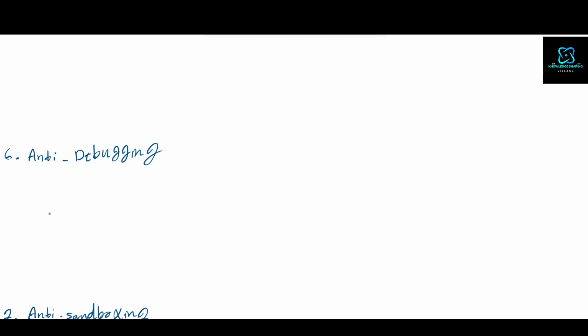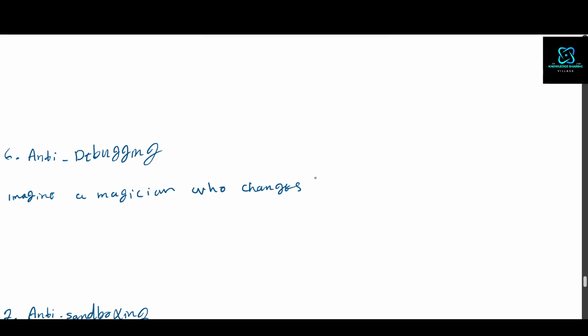The analogy that we can use here is to imagine a magician who changes his act in order to throw off anyone trying to uncover his secret.